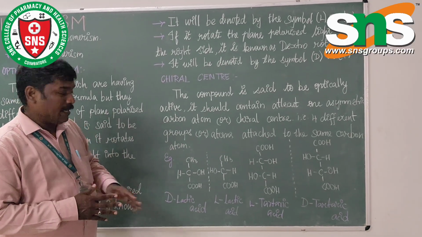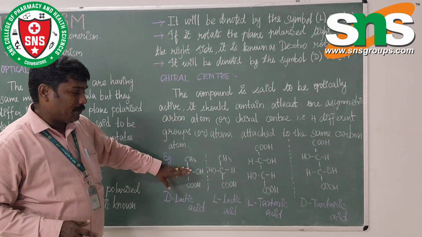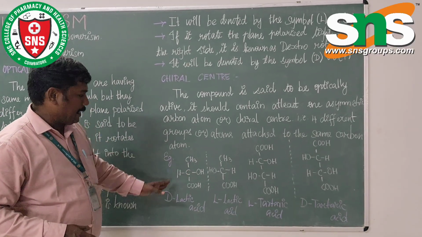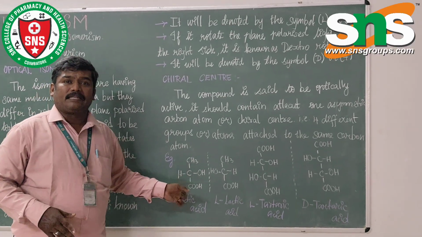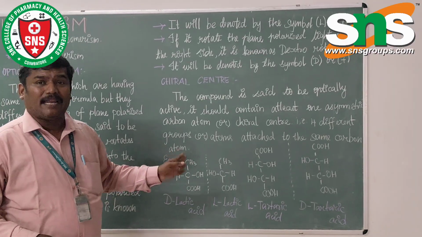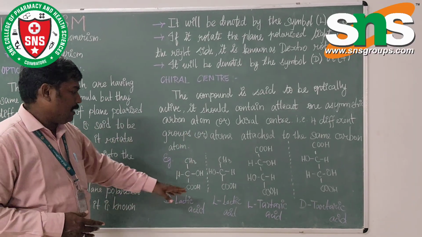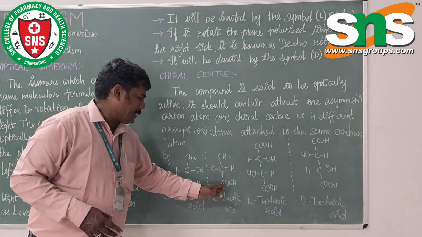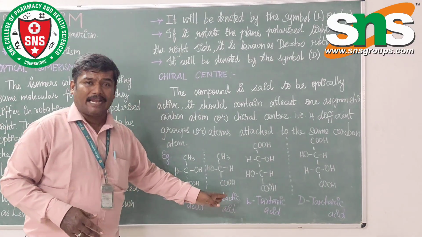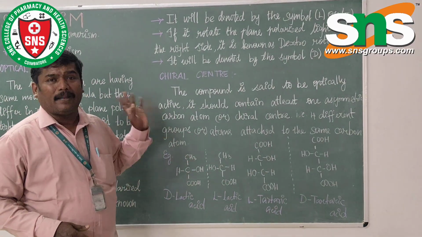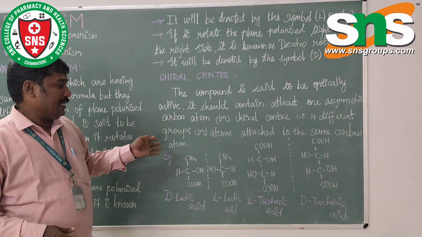So all four are different. Hence it is called an asymmetric carbon atom. This lactic acid rotates the plane polarized light to the right hand side. This one is the mirror image, L-lactic acid, which rotates the plane polarized light to the left hand side.